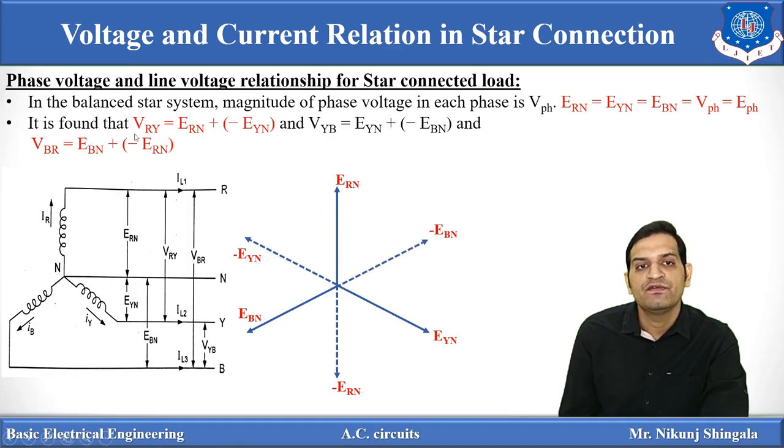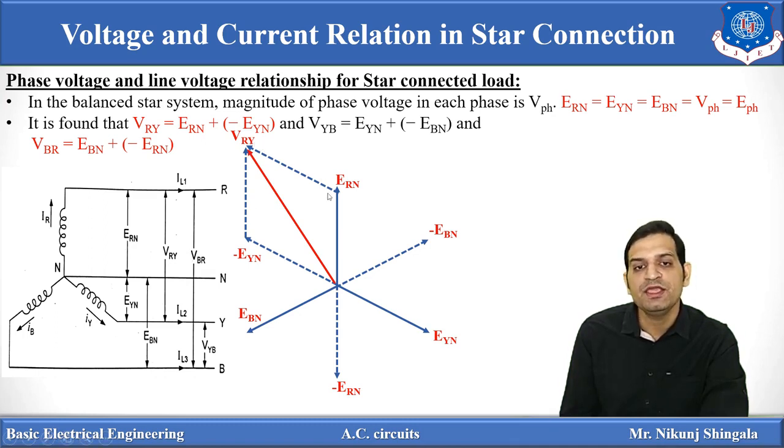Now here VRY is the phasor sum of ERN plus (minus EYN), so that can be found using the parallelogram method. So this is the phasor sum. Here we make one parallelogram. This diagonal of the parallelogram will give the resultant line voltage, that is VRY. Now the value of VRY can be found using the parallelogram method.